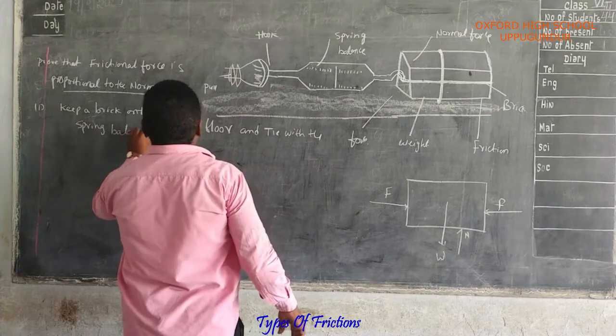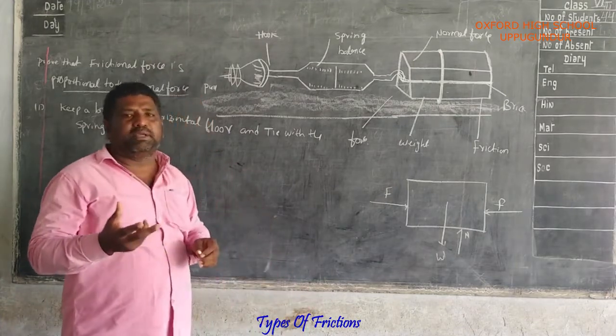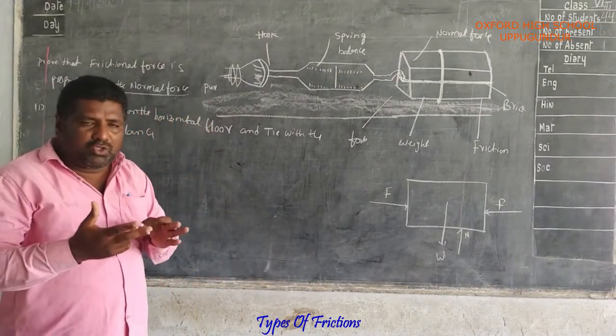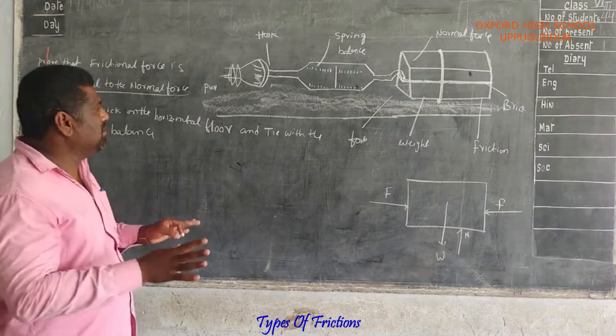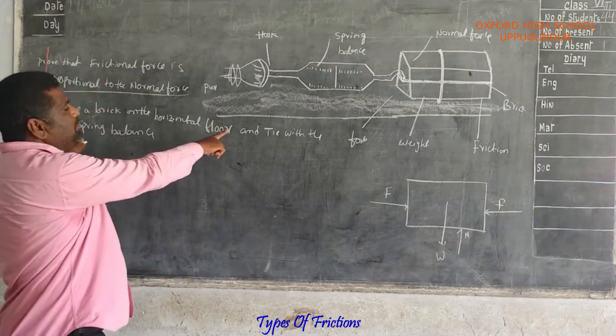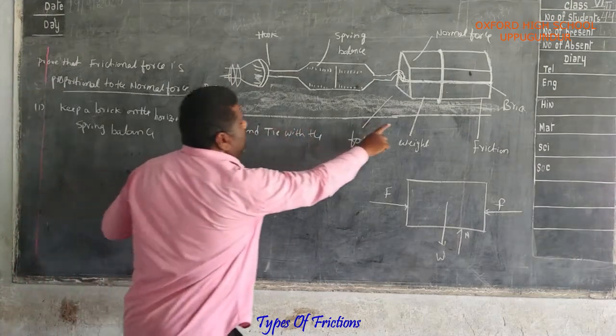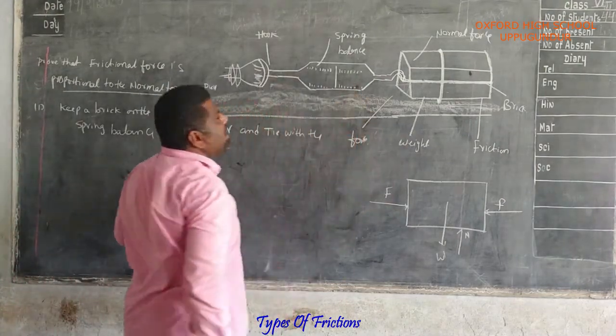What is the use of the spring balance? Mainly the spring balance is used to note the readings, for weight reading purposes. So first keep your brick on the horizontal floor and tie it with one spring balance.